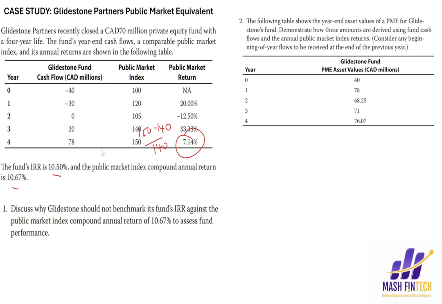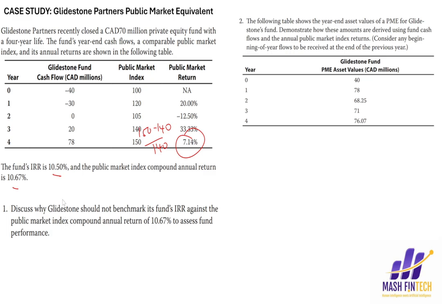Let's look at the first question. Discuss why Gladstone should not benchmark its fund's internal rate of return against the public market index compound annual rate of return to assess the fund performance. So this is straightforward based on what we've been talking about. The irregularity of the cash flows, the irregularities of the cash flows in the private market, right?